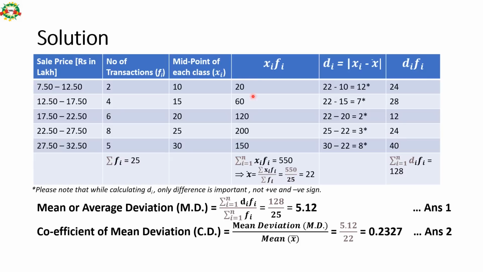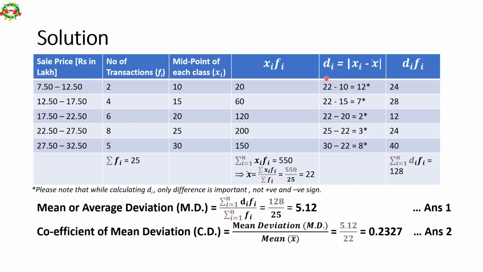So the sum total of xi fi is 550, right? And then the average is 550 divided by 25. It is 22. Calculated here.